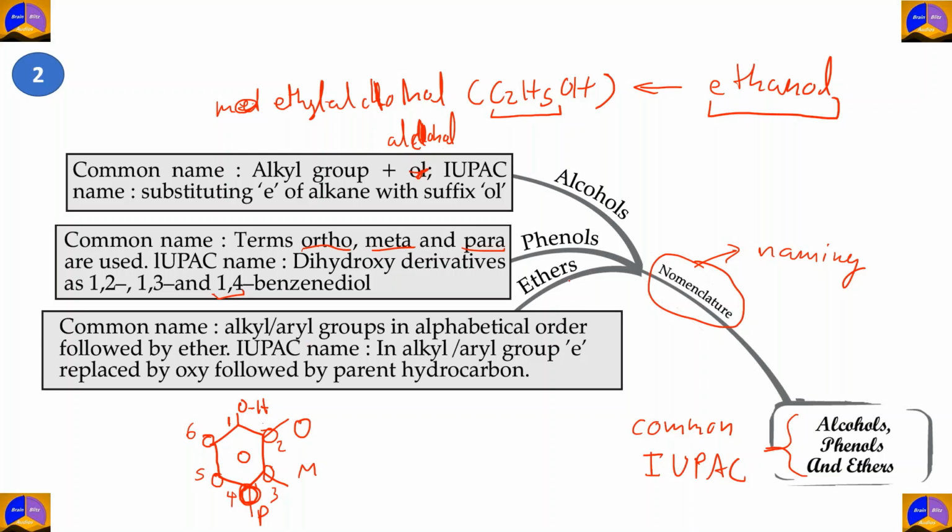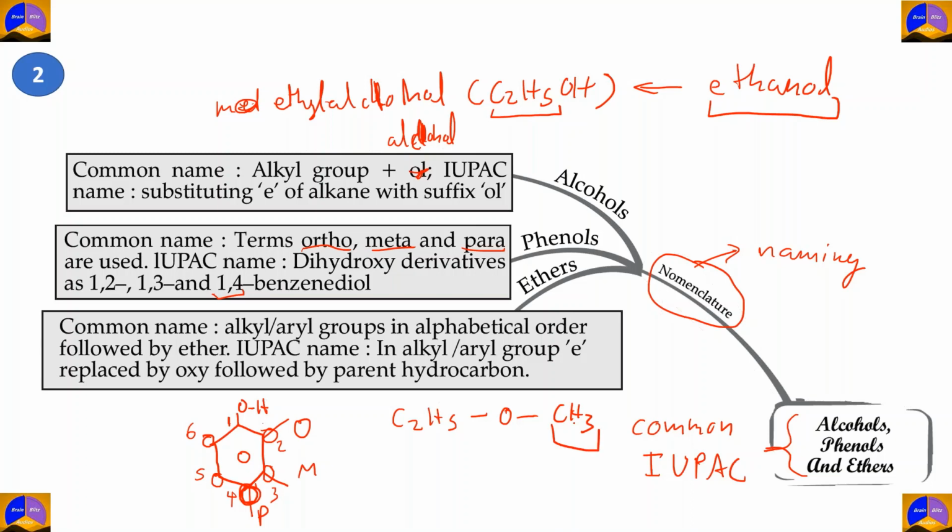Let's look at ethers. Common name: alkyl or aryl groups in alphabetical order followed by ether. Now let's take a simple example, C2H5OCH3. According to the common name, we will find out the alkyl groups present.